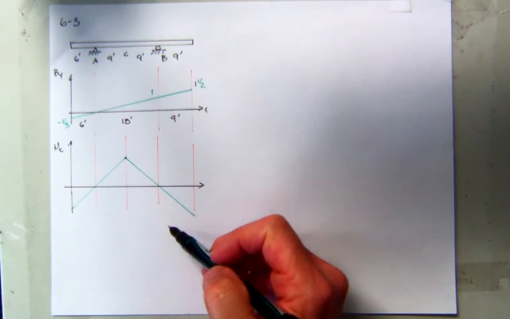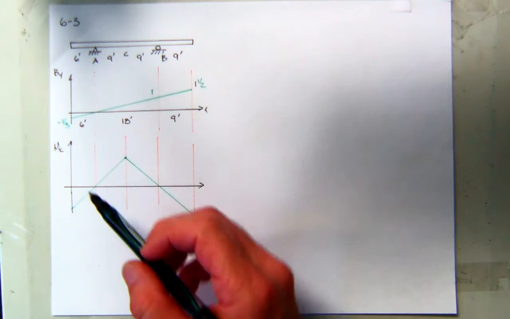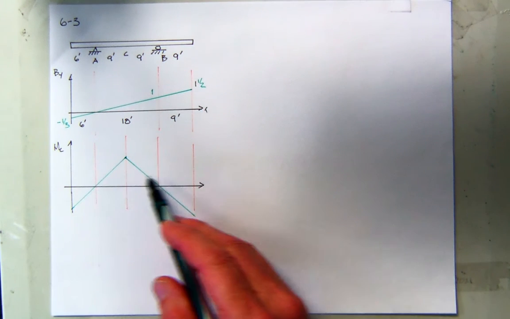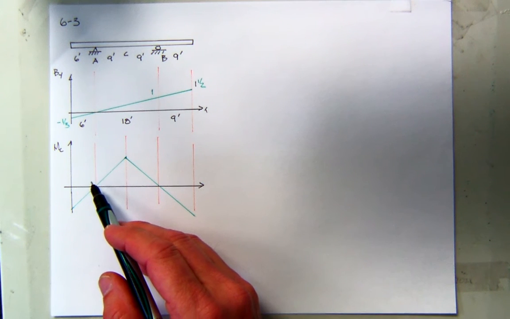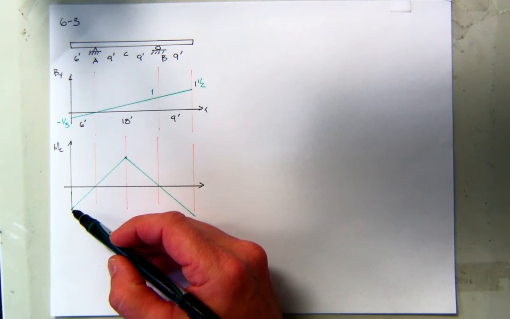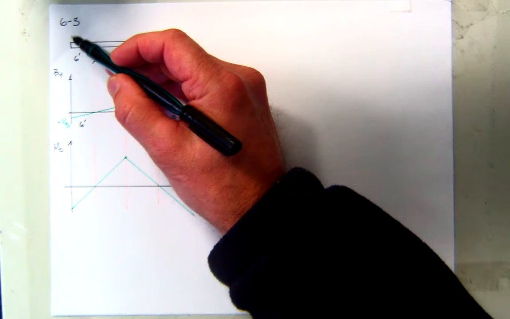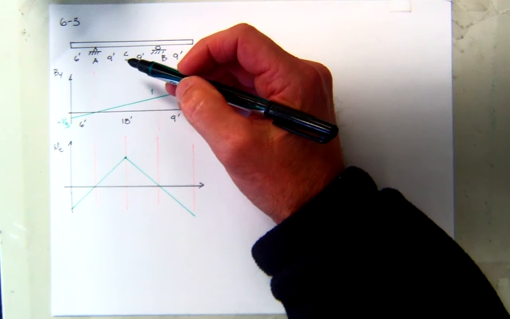So now we got a lot of things going on here. You can pick any position you want. Now remember, this is the moment at C, and this is a plot of the moving load. So where do you want to do it? I don't really know what the best place to do it is. If we wanted that value right there, that means the unit load would be right here on the edge, and we're still cutting it at C to find the internal moment. You can do it any way you like.